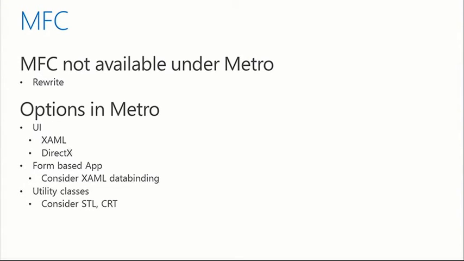So if you have form-based applications that were typically data bound to some data set, think about moving to XAML-based data binding. Utility classes in MFC, like the containers and a few other things, are also not ported. Consider moving to the ones in STL or CRT. Those are still available, and you can use those.